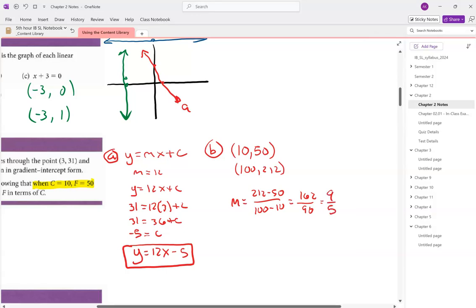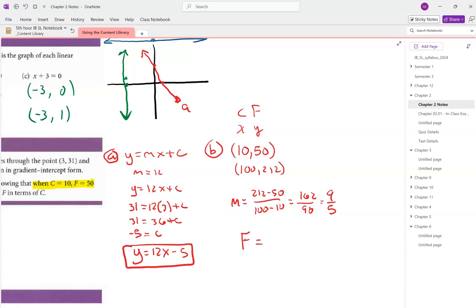Okay. And then it says I want an equation of F in terms of C. So if this is like X and Y or C and F, you're welcome. What kind of an equation do I really want to write here? Yeah, very good.